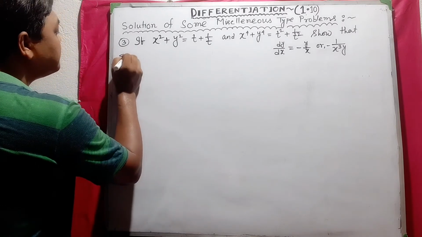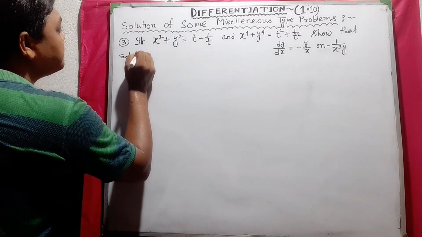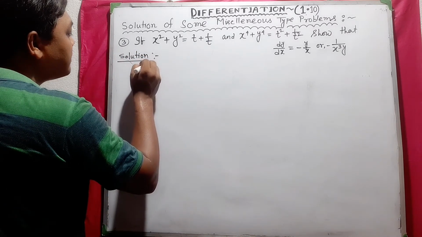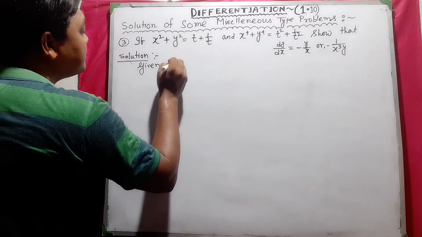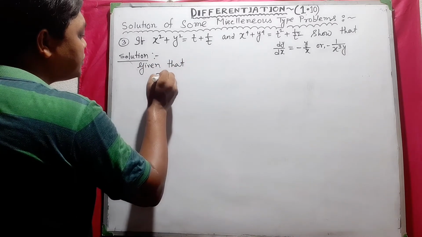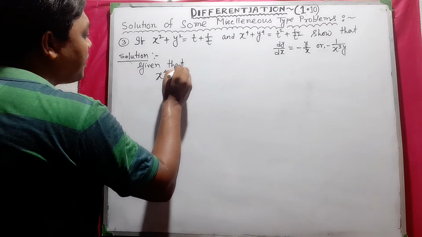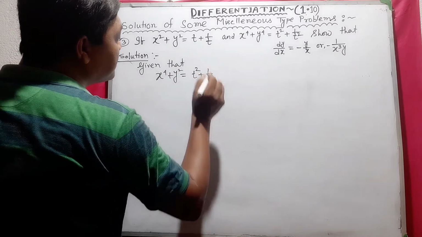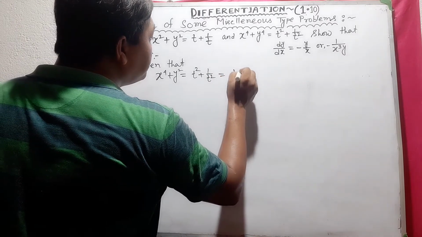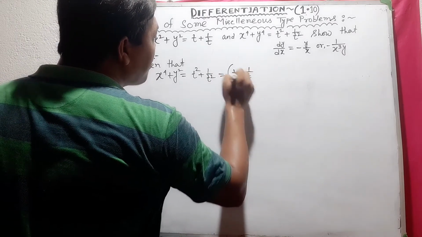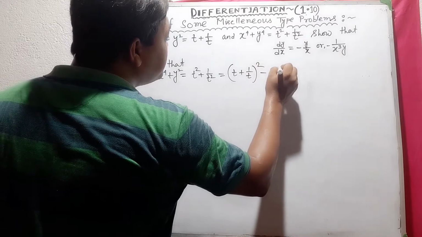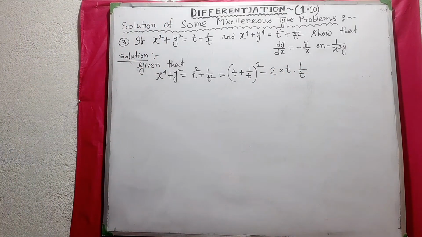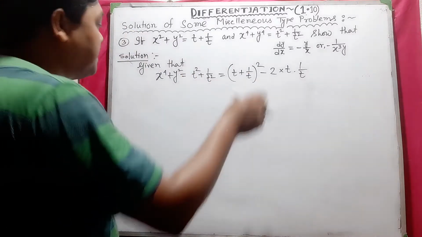Solution. Given that x to the power 4 plus y to the power 4 equals t square plus 1 by t square. So clearly we can write down t plus 1 by t the whole square minus 2 into t into 1 by t. Clear? So t square plus 1 by t square.